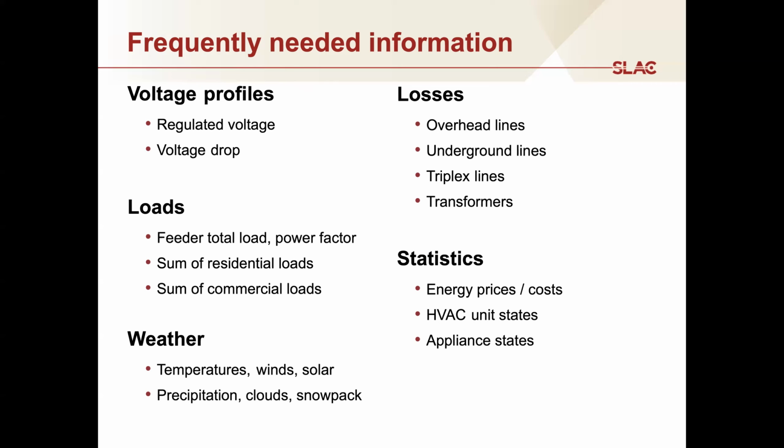You can get things like voltage drop over a line. The voltage controls on the devices themselves, regulators and transformers, load tap changers, and those kinds of devices. You can see the control positions. You can input those control positions if you need to study the response of other parts of the system to a particular scenario. Loads are very often needed.